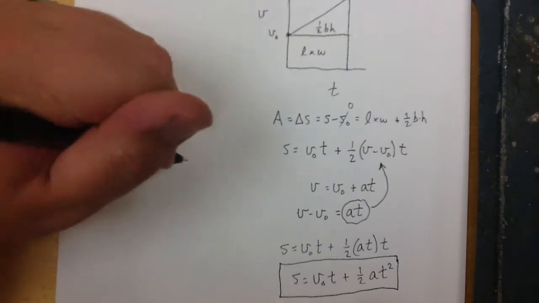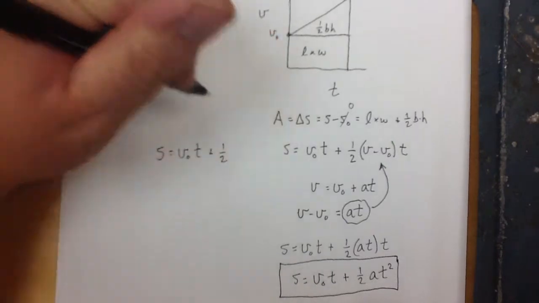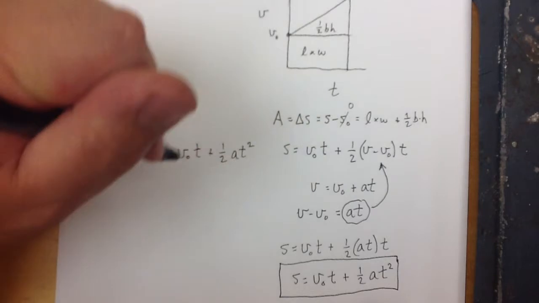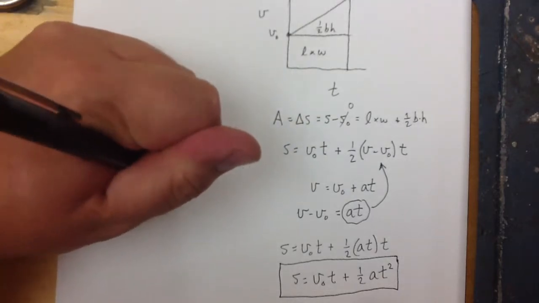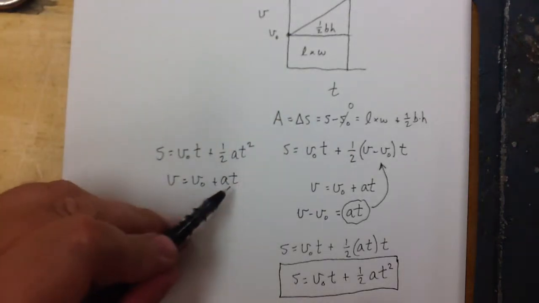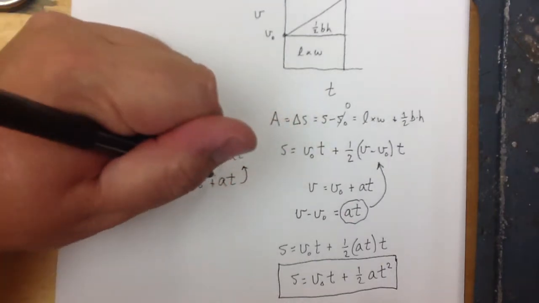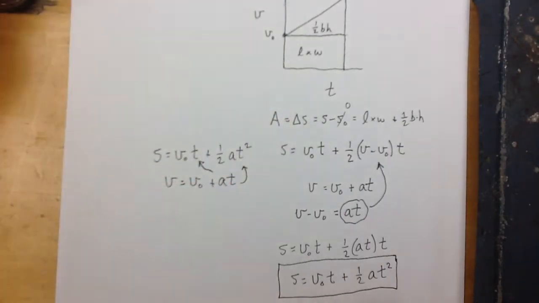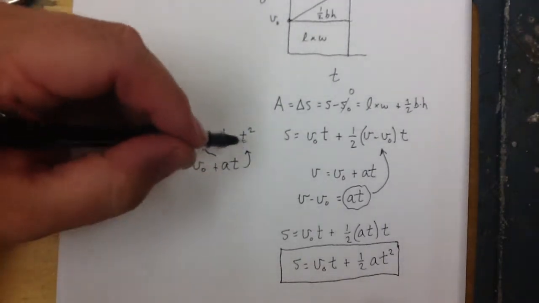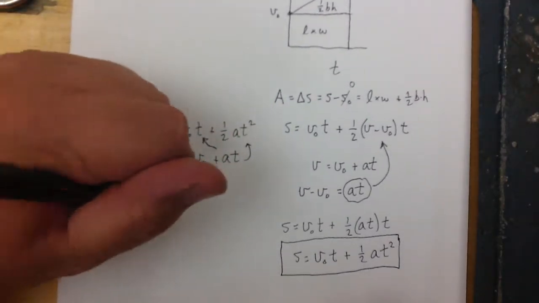Once again, we sometimes need an equation that has no time in it, and we need to find a way to take S equals V0t plus 1/2 AT squared, and V equals V sub 0 plus AT, and solve for time and substitute it into this equation, getting an equation that does not involve time because we substitute it out. So I'm going to give you the result.